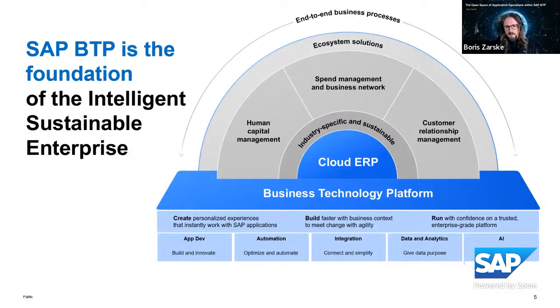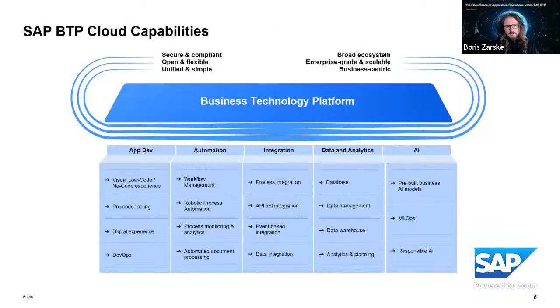We have data and analytics, which allow you to make best use of the data, and artificial intelligence capabilities as well. And when we break that further down, we see different capabilities. Here, I want to especially stress those around application development, where we have different development capabilities.